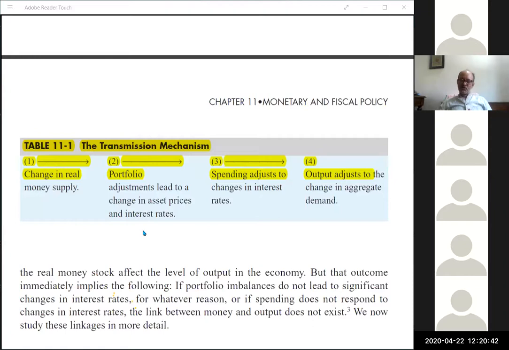So even if you have more money, that does not make you demand some assets, whether it is any other assets or it is bonds, if you don't expect their prices to go up in the future. So there is a break that takes place between 1 and 2, and that is the situation of liquidity trap. Is this clear?